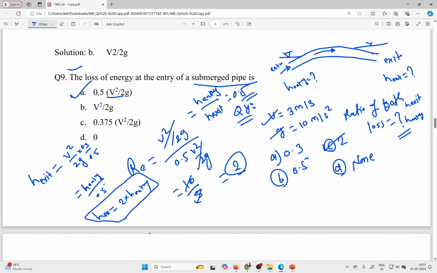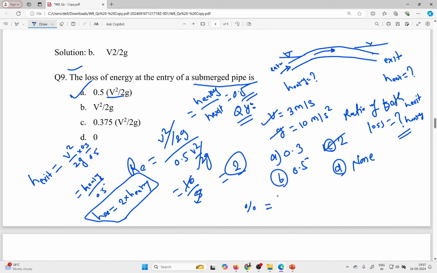If I talk about the percentage, how will I calculate? Because when we calculate the percentage, we always need to ask with respect to what, entry or exit. So how much more, in terms of percentage, is your exit loss?